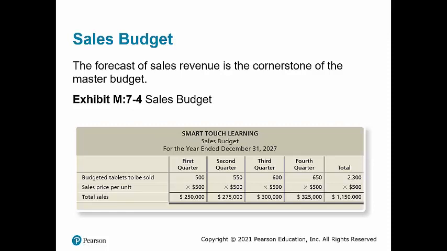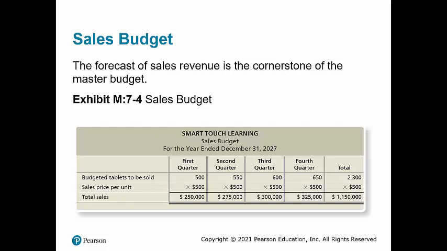In this slide, we can see that they have projected that in the first quarter, Smart Touch Learning will sell 500 tablets, and then the sales will increase by 50 tablets over the next 3 quarters. So the first quarter, 500 tablets will be sold, second quarter 550, third quarter 600, and fourth quarter 650.